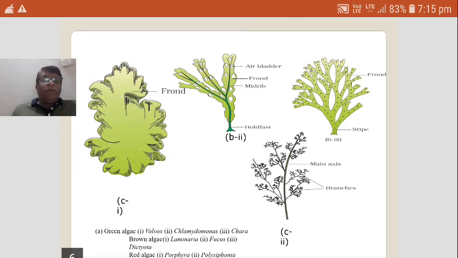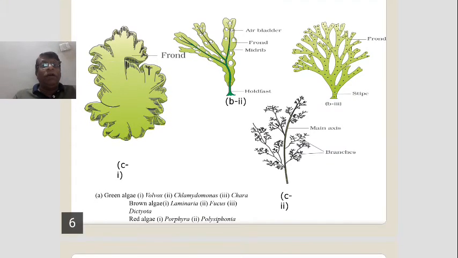You can see now the presence of porphyra, green leaf-like structure, porphyra, then brown structure, that is Polysiphonia. You can see now, Polysiphonia, it belongs to the red algae.